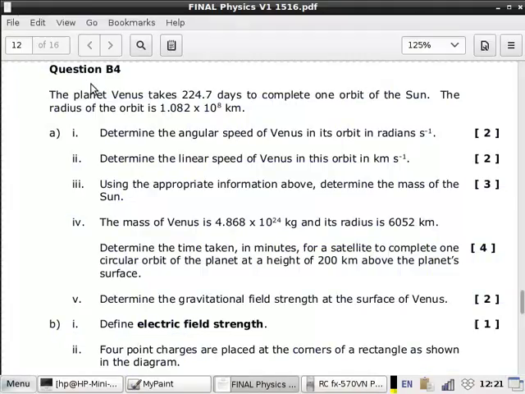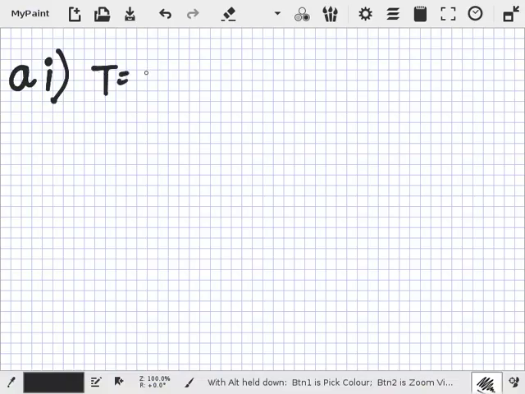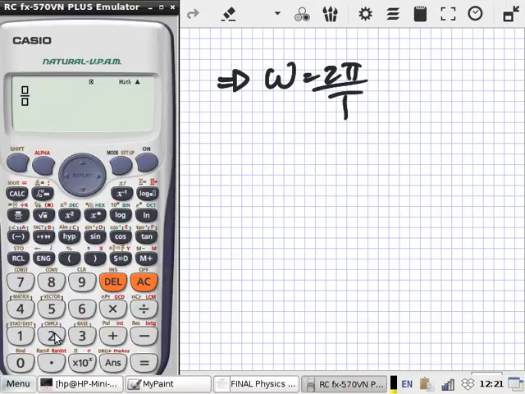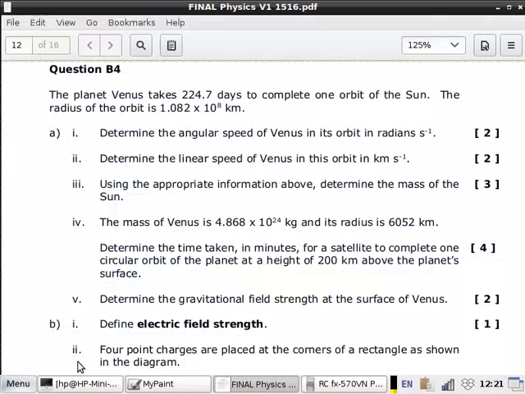Right, what's the angular speed? So we have T equals 2 pi over omega. So then that means omega equals 2 pi over T. So for the first one, it's 2 pi over T. Now what's the T? It's 224.7 days?